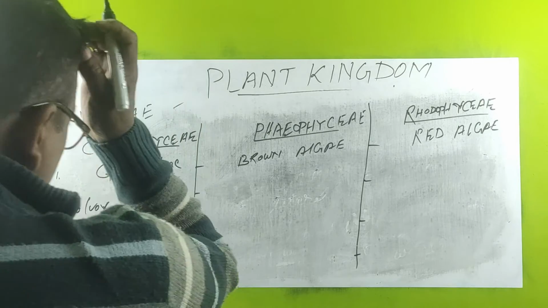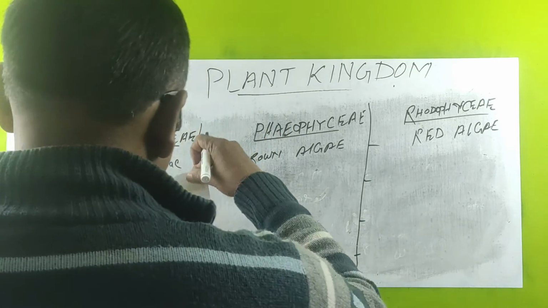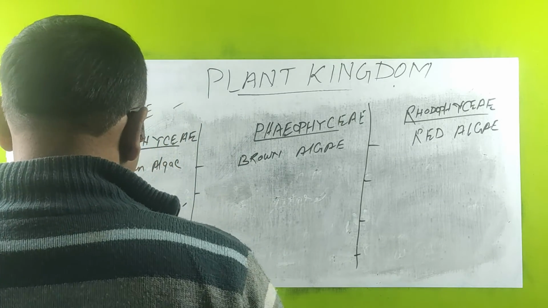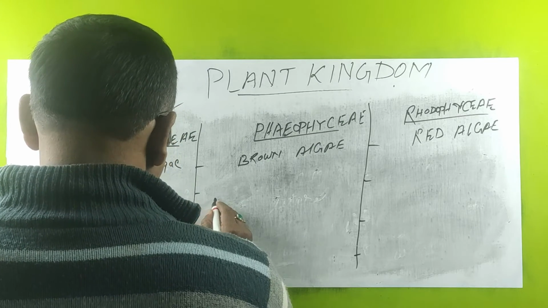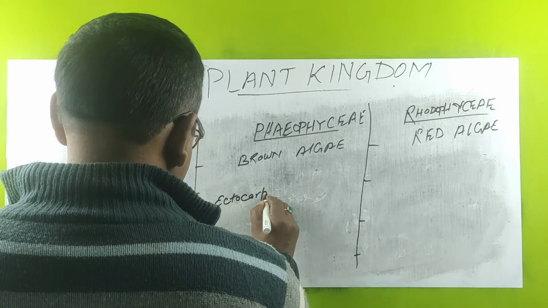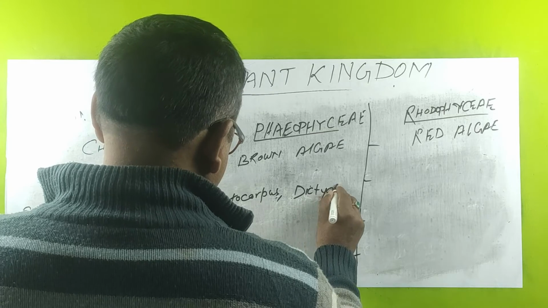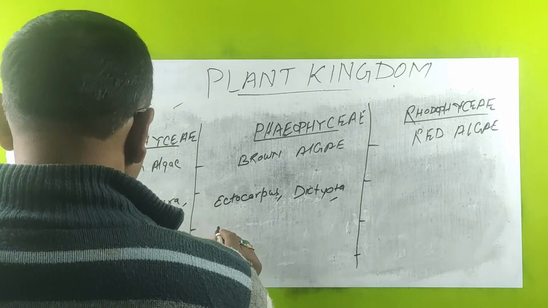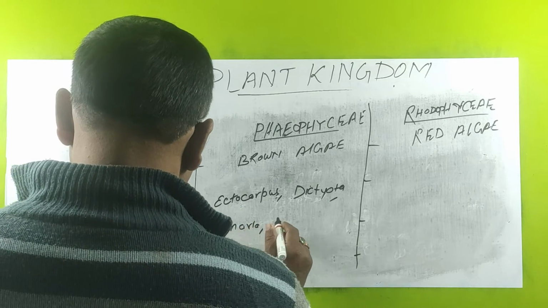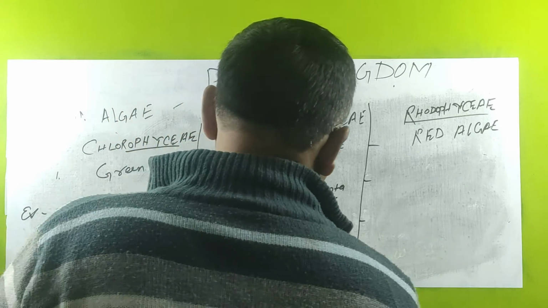These are examples of green algae. In brown algae you can commonly see Ectocarpus, Dictyota, Laminaria, Fucus, and so on.